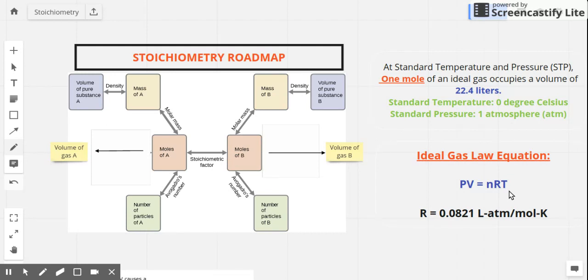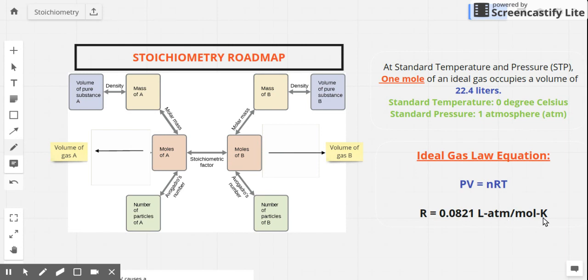Always remember that if you're dealing with the ideal gas law equation, this is not at STP anymore. It's other conditions that will be stated in the problem. And remember also that you need to memorize the R value, which is 0.0821 liter atmosphere per mole Kelvin.